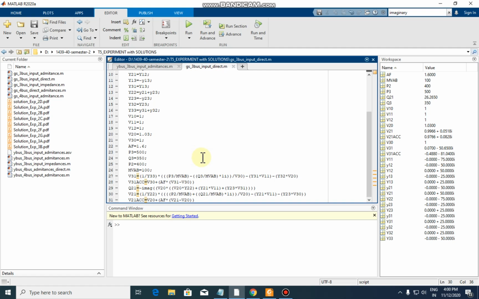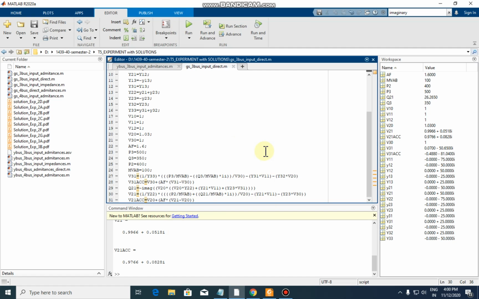After typing all this here, you can save it and run. When you run, you will get V31 accelerated, Q21, V21 and V21 accelerated.